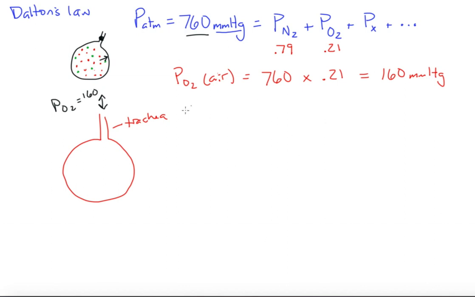Now you might say, okay, well that means the PO2 of that air with each inhalation, we can exaggerate and say it's not a lung, it's an individual alveolus. If we're just thinking about the air that's entering an alveolus, you might say, oh, so it's going to be a PO2 of 160 down here. Wrong. That is incorrect.